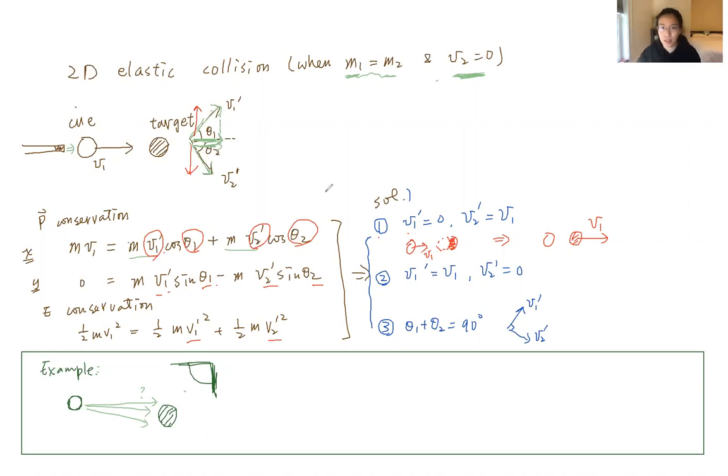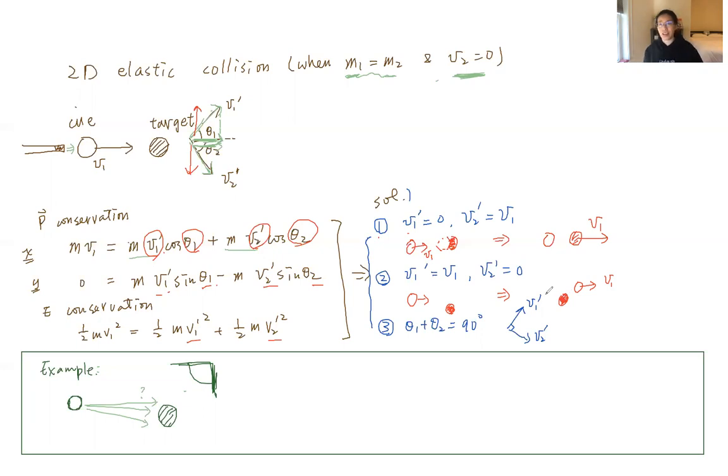The second scenario is the ball comes in, but the target ball is here. So you can see that the cue ball completely missed the target ball, so the cue ball just keeps going forward with v1, while the target ball stays at the same place. So in this scenario, v1 prime equals v1, v2 prime is still 0.